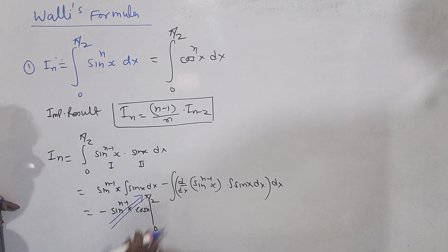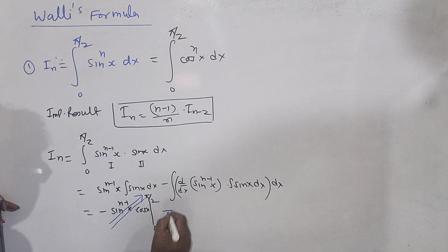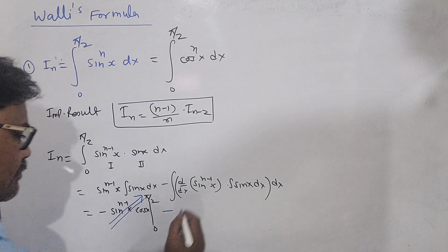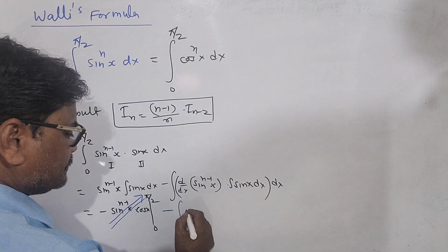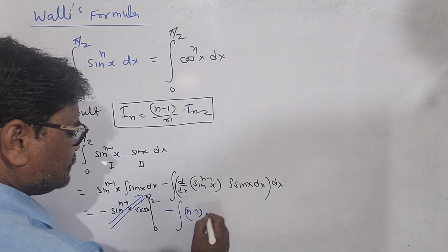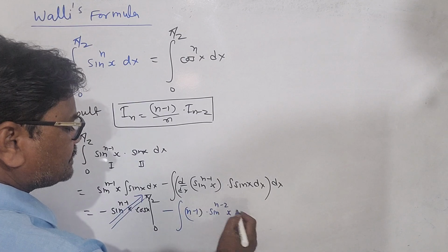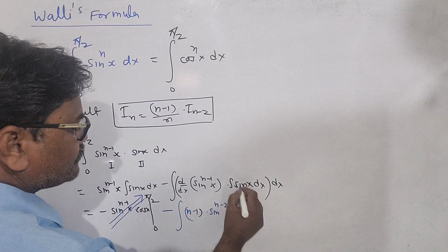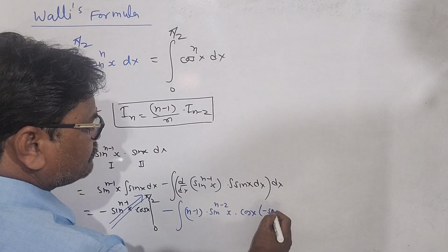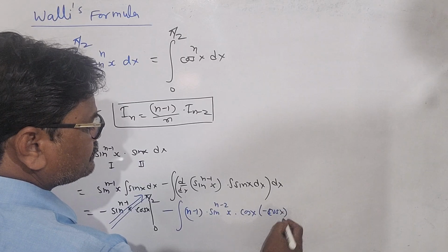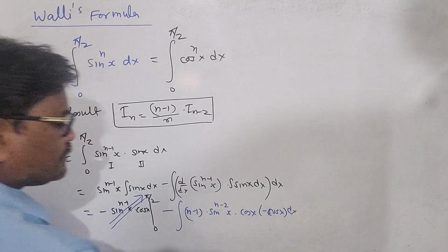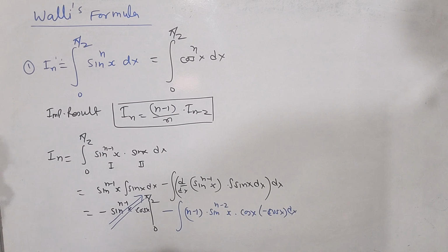Correct? So we are left with this one only. So that is equal to minus the derivative of sin to the power n minus 1, that is n minus 1 into sin to the power n minus 2 of x, the derivative of sin x is cos x, and the integration of sin x is minus cos x. Correct? Is that clear? Okay, fine.